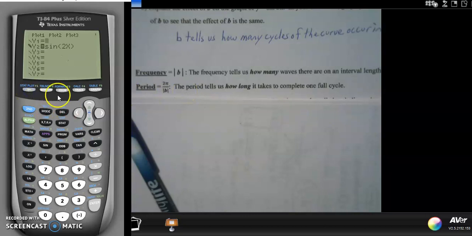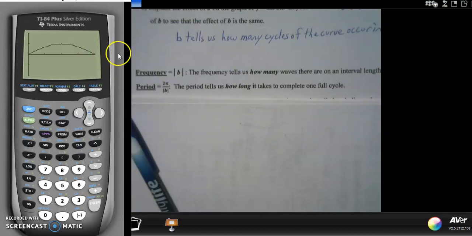If I look at sine of 0.5x, I change my window from 0 to 2 pi again, and now I'm graphing y equals sine of 0.5x. Remember, we only had half the curve. So the frequency is 1/2. The period, how long does it take one full cycle to occur?